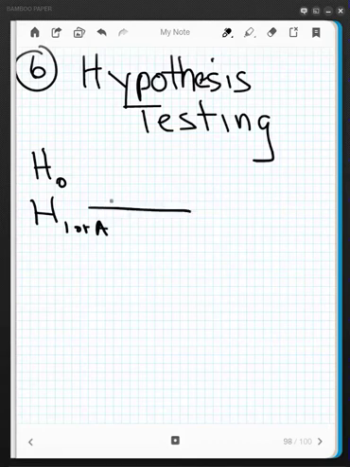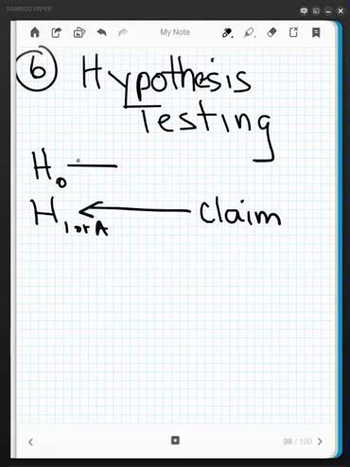I want you to know that the H sub 1, the H sub A, is usually based upon your claim. But the null must contain equality. So I want you to be able to do that.